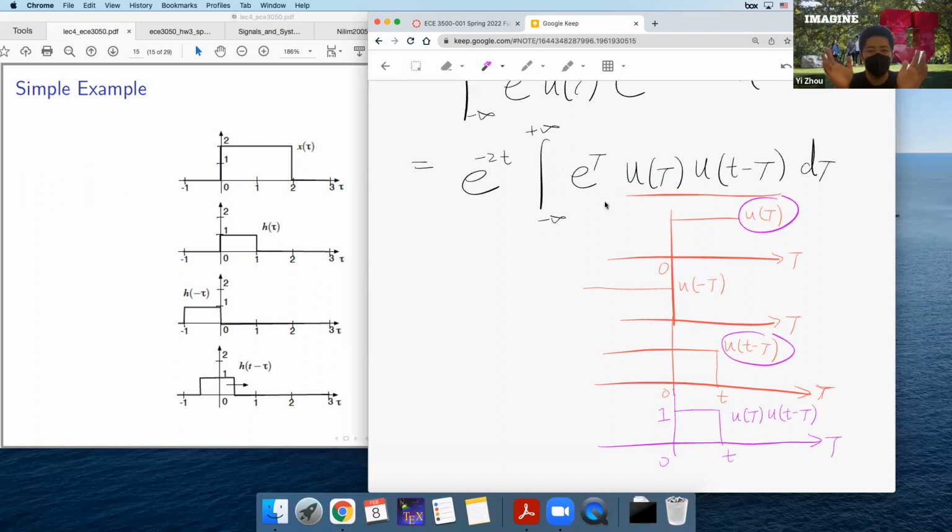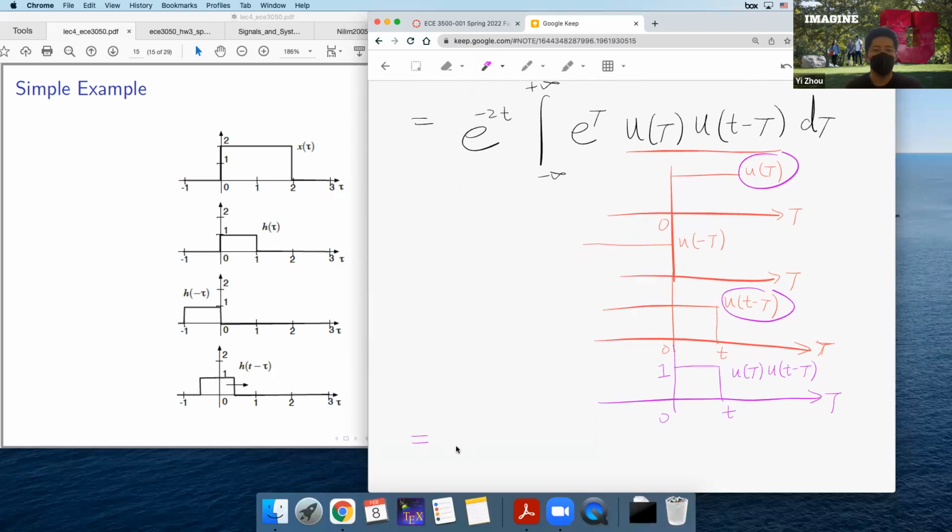So what it does is basically restricting the range of this integration, right? Because now we are integrating over the entire time domain, but this product of unit step functions gives a window function, and this window function can be understood as restricting the integration between 0 and t, because otherwise the window function gives us 0.